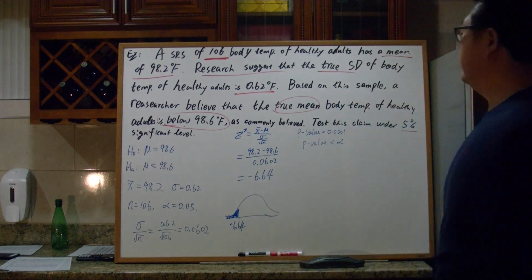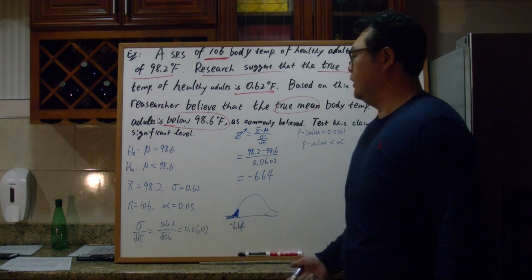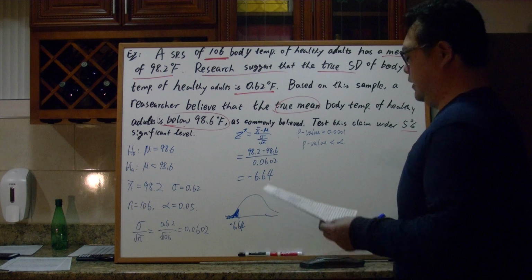So we found the p-value is 0.0001, and the alpha we stated was 5%, so the p-value is less than alpha.